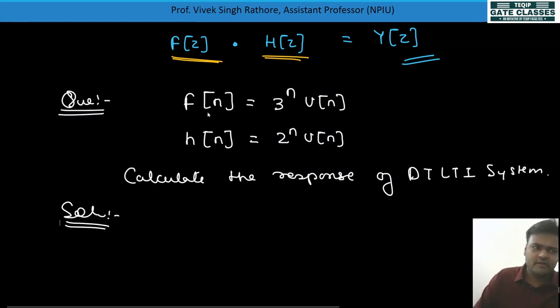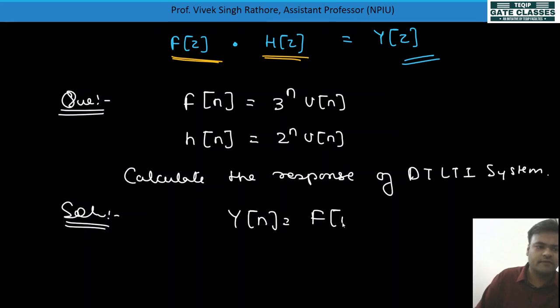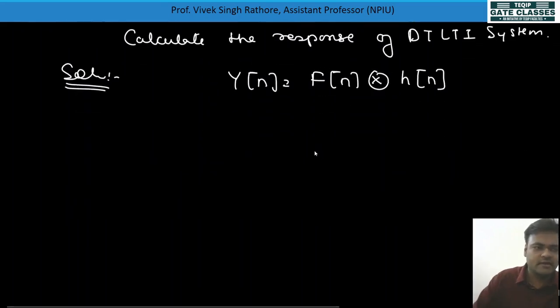Whenever you are given this type of question and you need to calculate the response, obviously the response will be the convolution of f of n and h of n. So we can take the convolution property and write f of z into h of z.